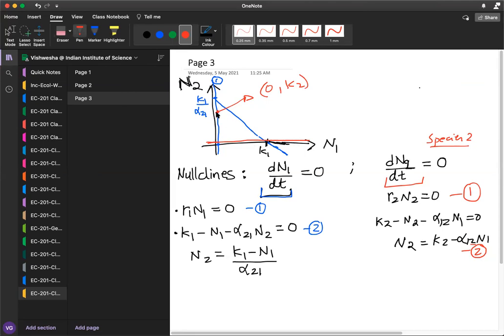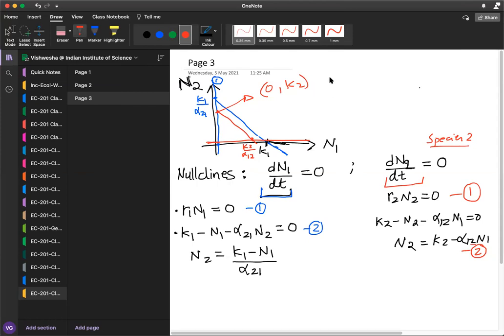Let me now arbitrarily choose it to be this way. Which means this is now K2 divided by alpha 1, 2. Is everything clear so far?